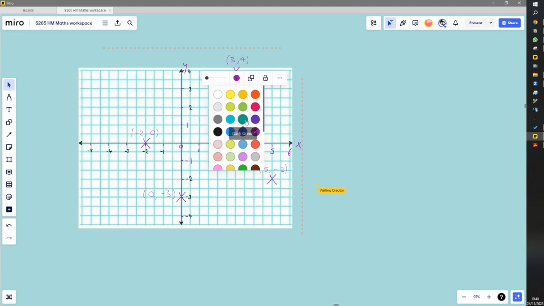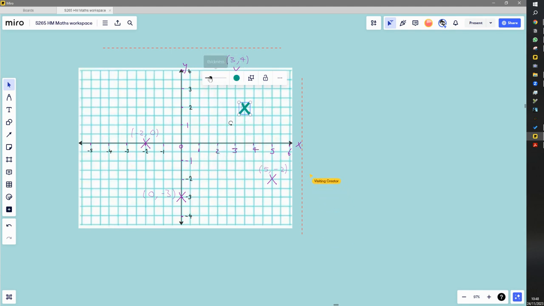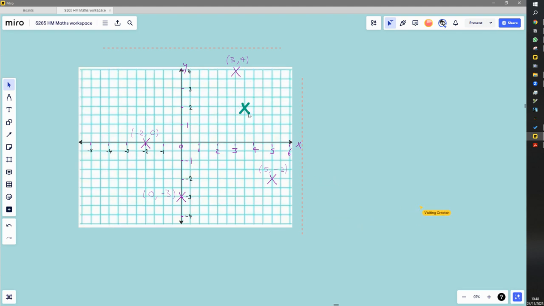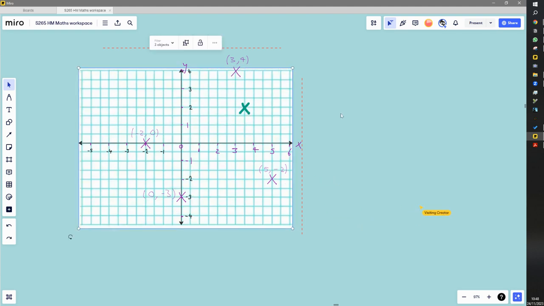Because we're doing it the other way around, I suppose, make it a bit thicker so we can see it. Accidentally moved that. So we'll move that. We'll put one here, and we'll put one here. Let's put it here. Okay, so what I want you to do is label those coordinates, okay?